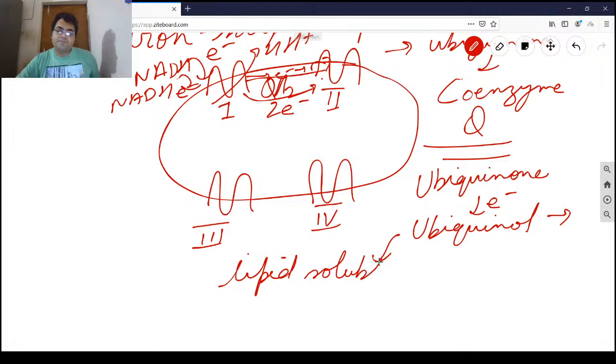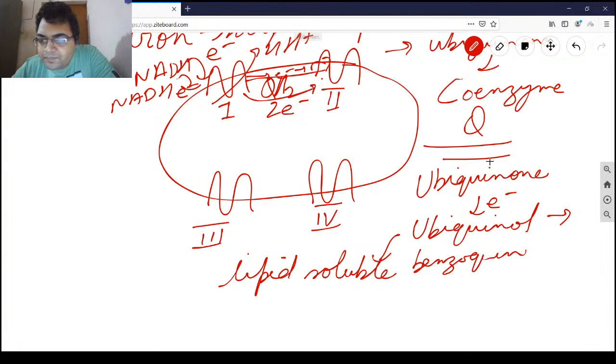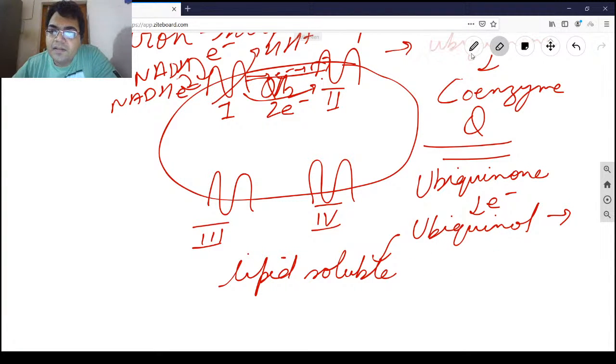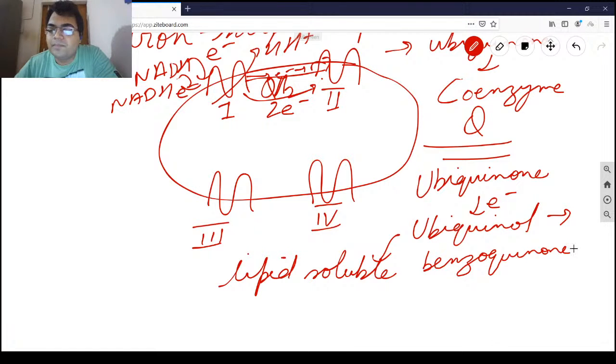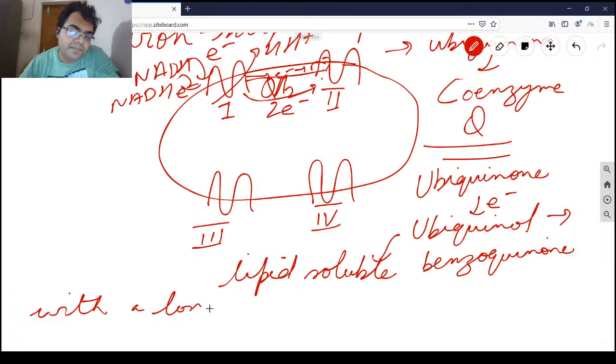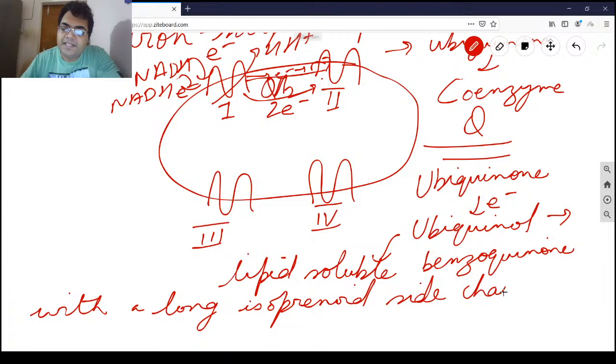Chemically, it is a lipid soluble benzoquinone with a long isoprenoid side chain. So its lipid solubility is of great importance.